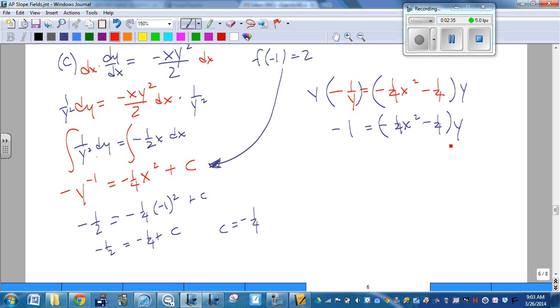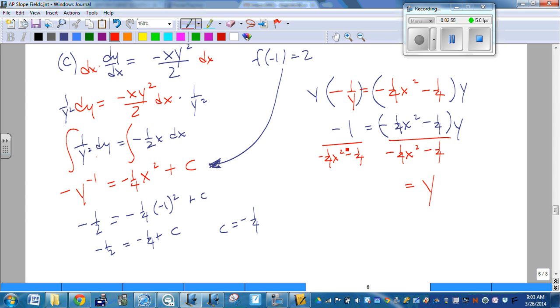Now to get y by itself, we're just going to divide. So we can leave it like this, negative 1 over negative 1/4 x squared minus 1/4.